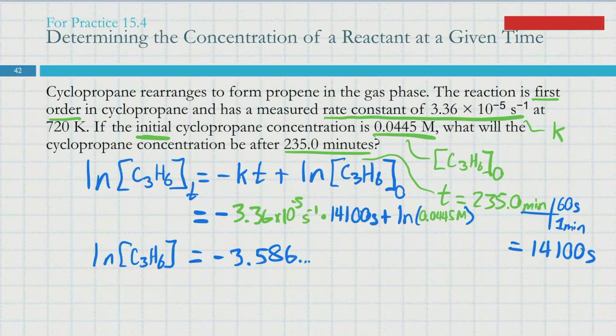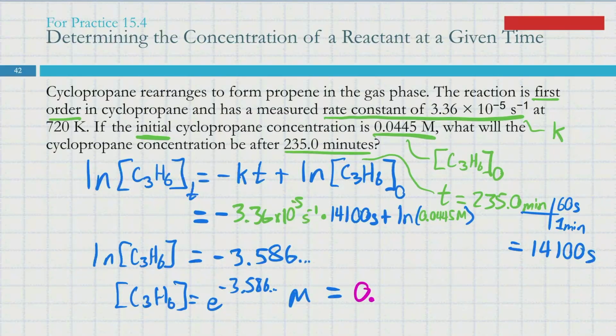So that's where we are, and we can do our little e trick. e raised to the minus 3.586 dot dot dot, and that will have units of molar. So our concentration at 235 minutes is 0.0277-ish molar.